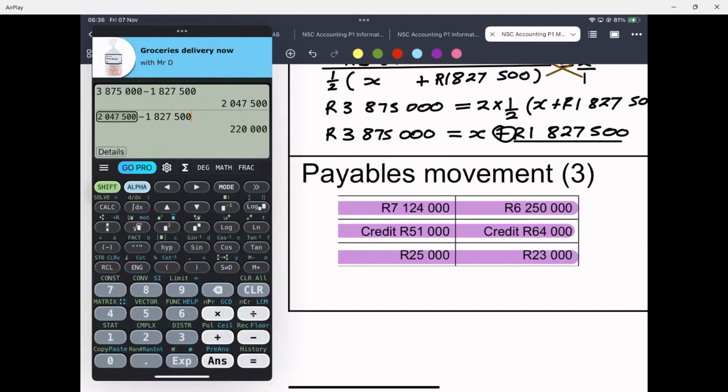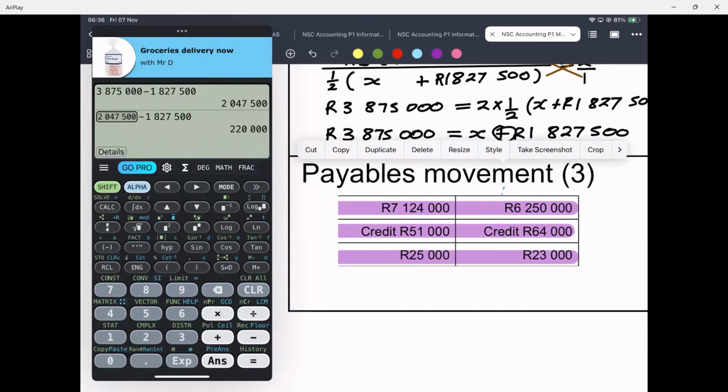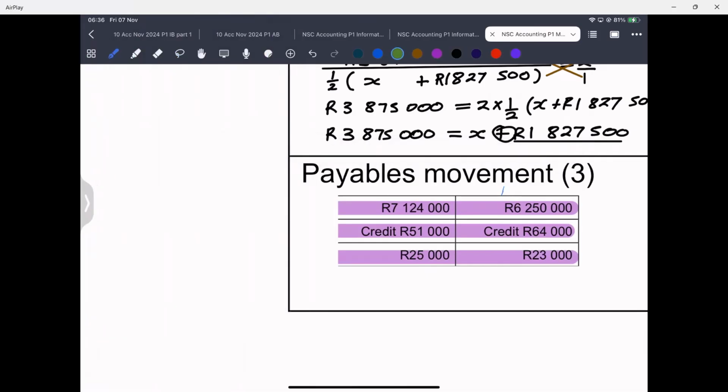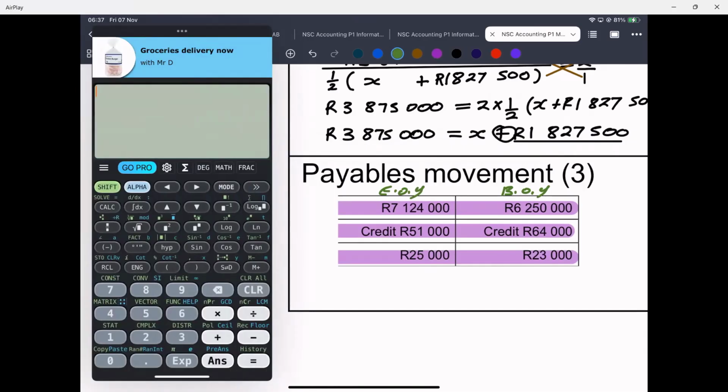Remember, last year, this is beginning of year. And this is end of year, which is the current year, by the way. Let's add 6,250,000 plus 64,000 plus 23,000.